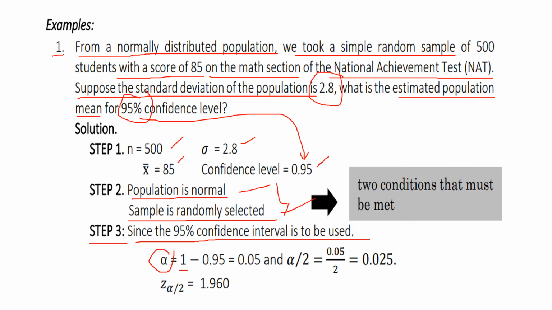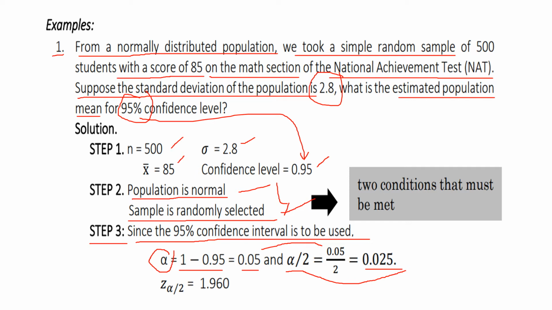So that will be 1 minus 0.95, or 0.05. Since we're dealing with the two-tailed test, we need to divide this 0.05 by 2. So your alpha over 2 now is equal to 0.025.